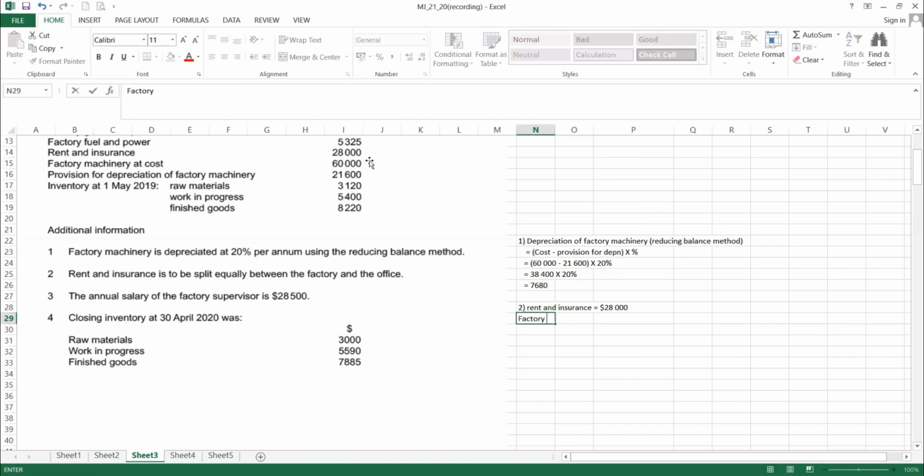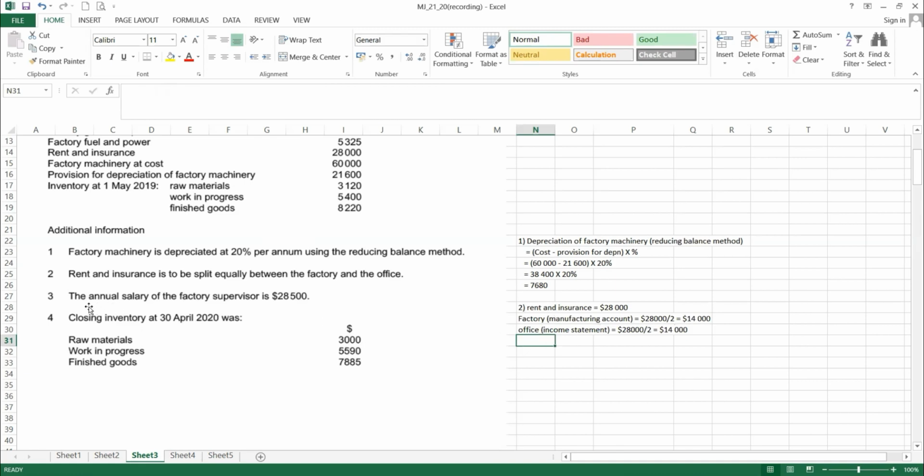Factory means the manufacturing account, so 28,000 divided by 2 gives 14,000. The office means the income statement, so 28,000 divided by 2 is also 14,000. So this is the amount that we get.